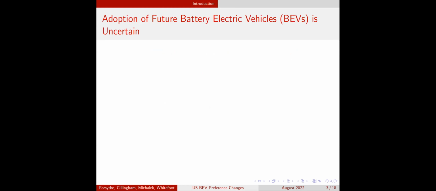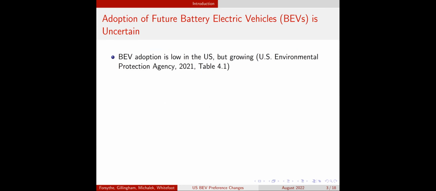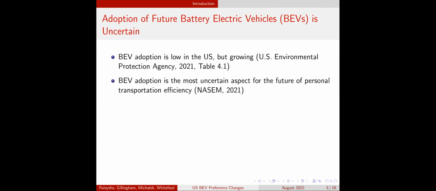So to begin, the adoption of future battery electric vehicles is particularly uncertain. It's low right now, but it's been growing quite a bit with the Model 3 coming on the scene and so on and so forth. But the recent National Academies report about personal transportation efficiency identifies adoption as one of the most uncertain aspects of this transition.